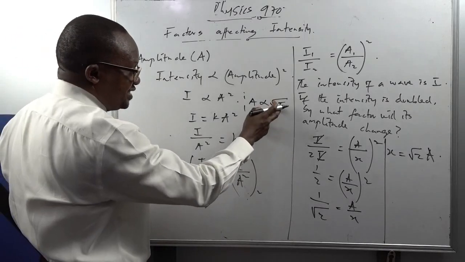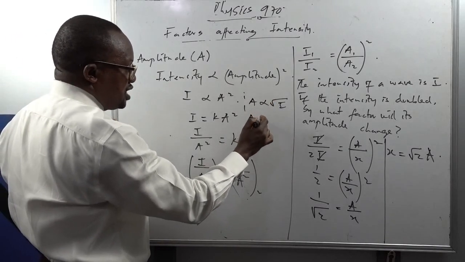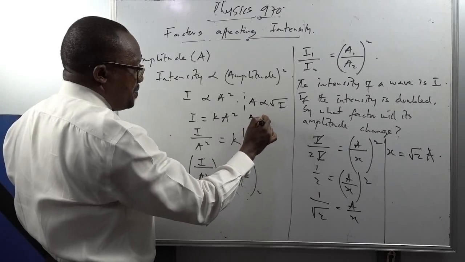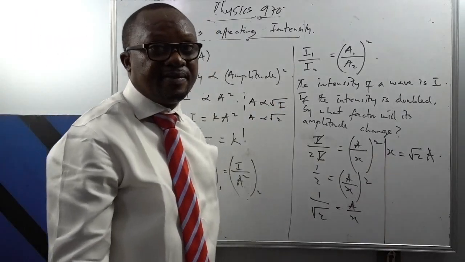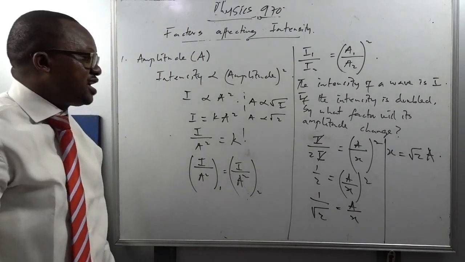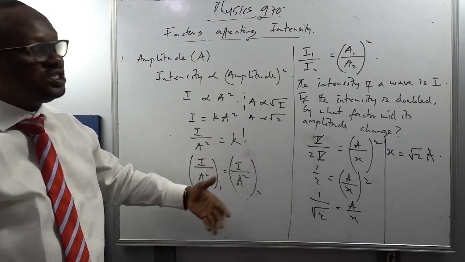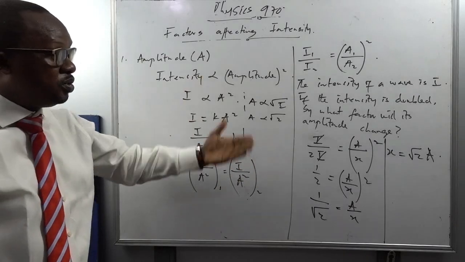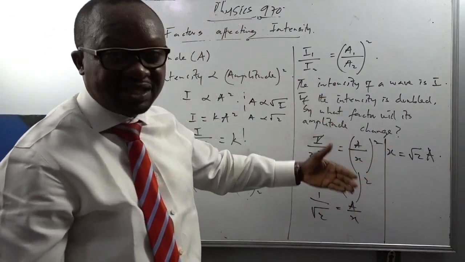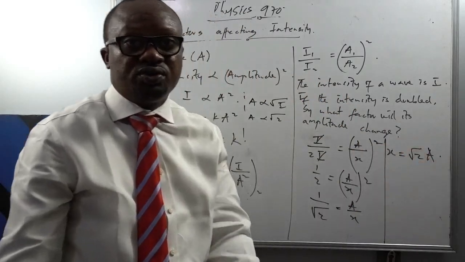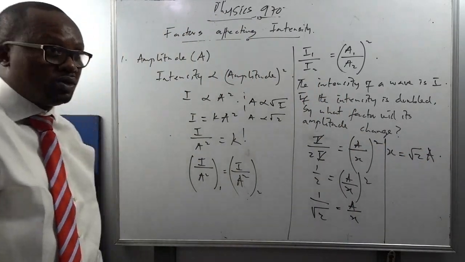So I don't need to solve it. If the initial amplitude is A and the intensity is now doubled, the new amplitude will increase by a factor of root 2. Okay?